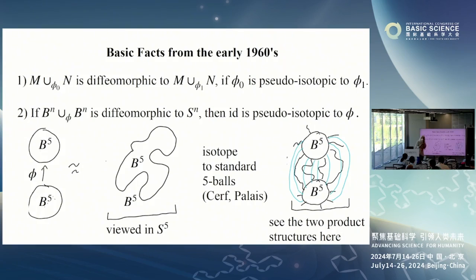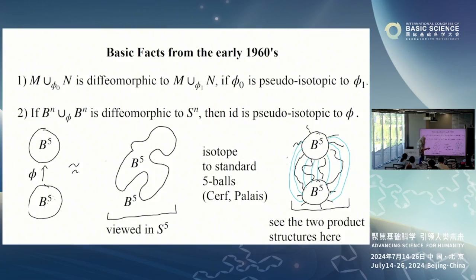So there's this basic fact of Cerf and Palais that if you have two parametrized n-balls, then you can ambient isotope one to the other.